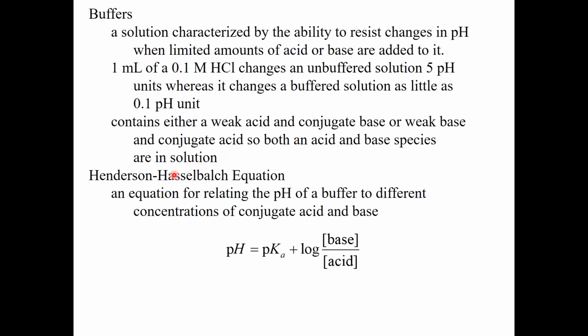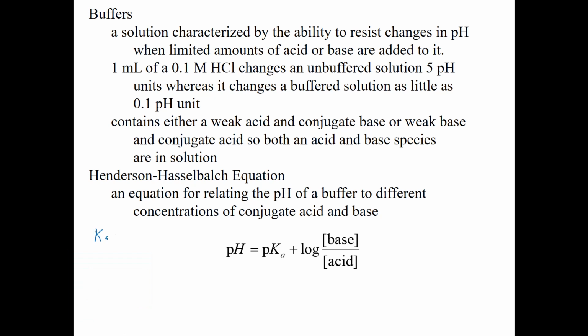In biology, biologists and even most chemists use something called the Henderson-Hasselbalch equation. The Henderson-Hasselbalch equation is derived from the Ka expression. I'm not going to go through the whole derivation.